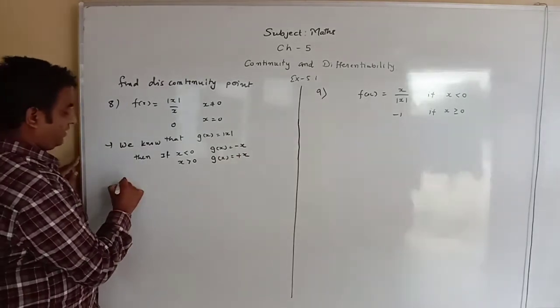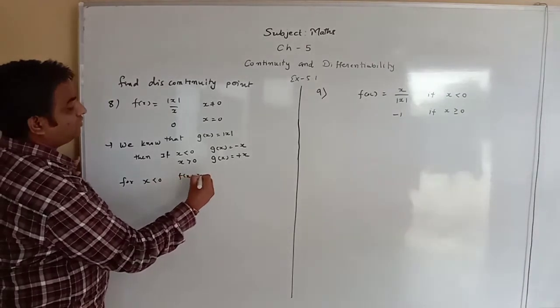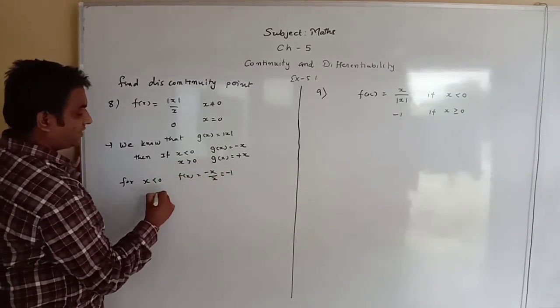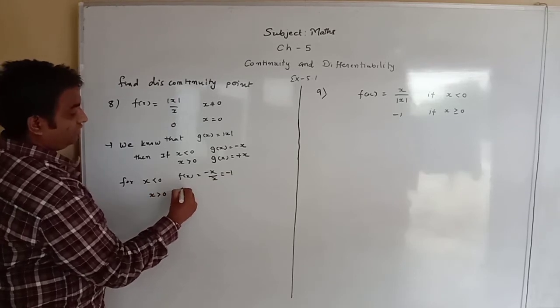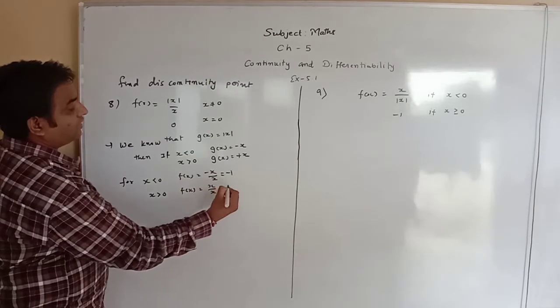So for x less than 0, f(x) = -x/x = -1, and for x greater than 0, f(x) = x/x = 1.